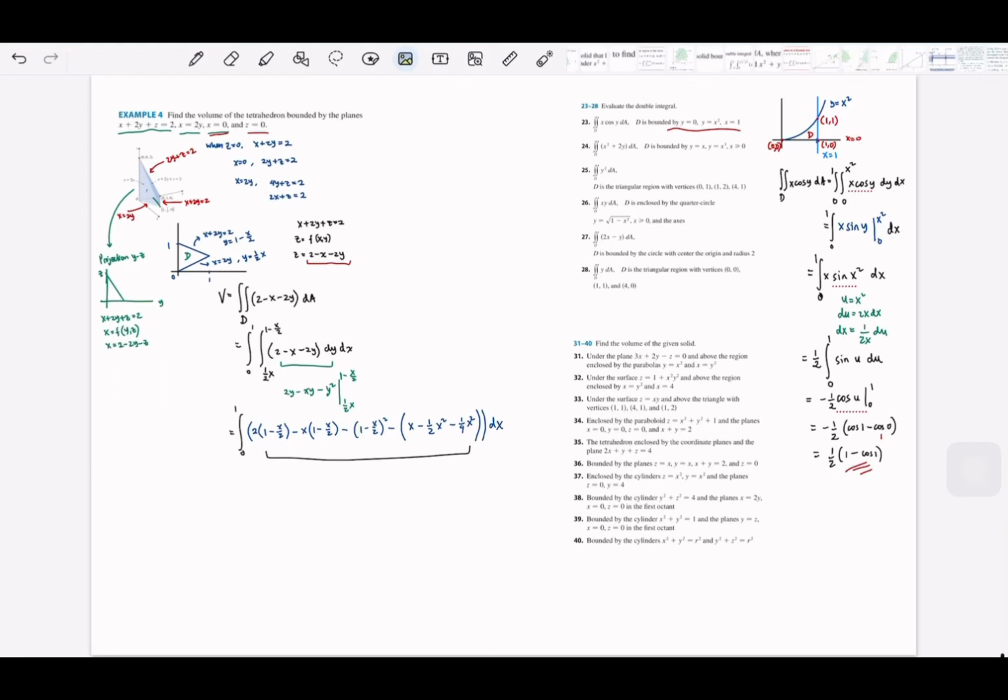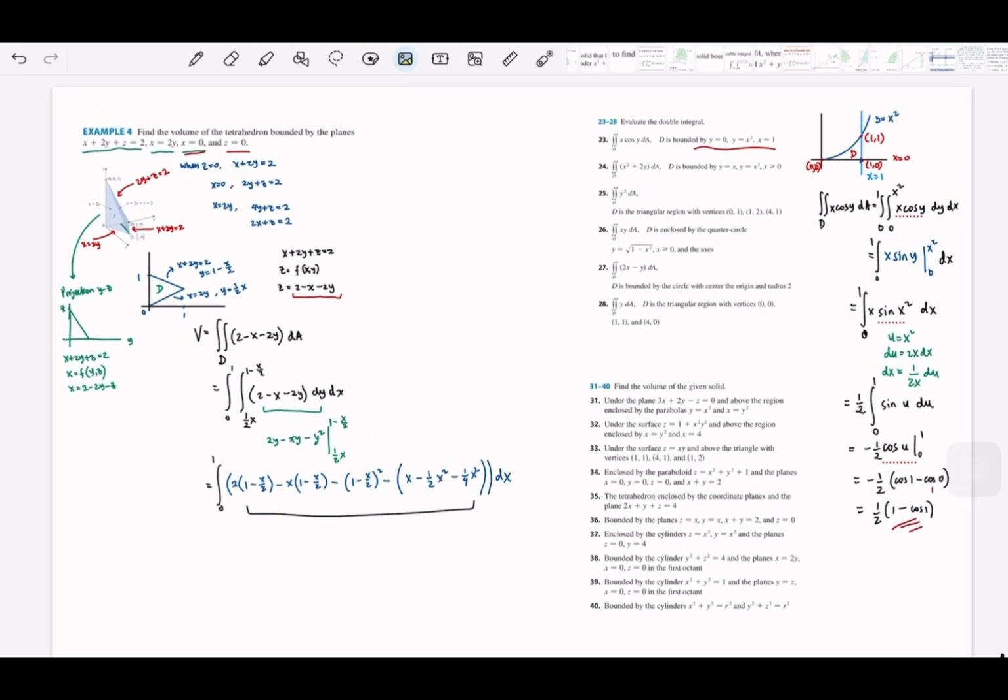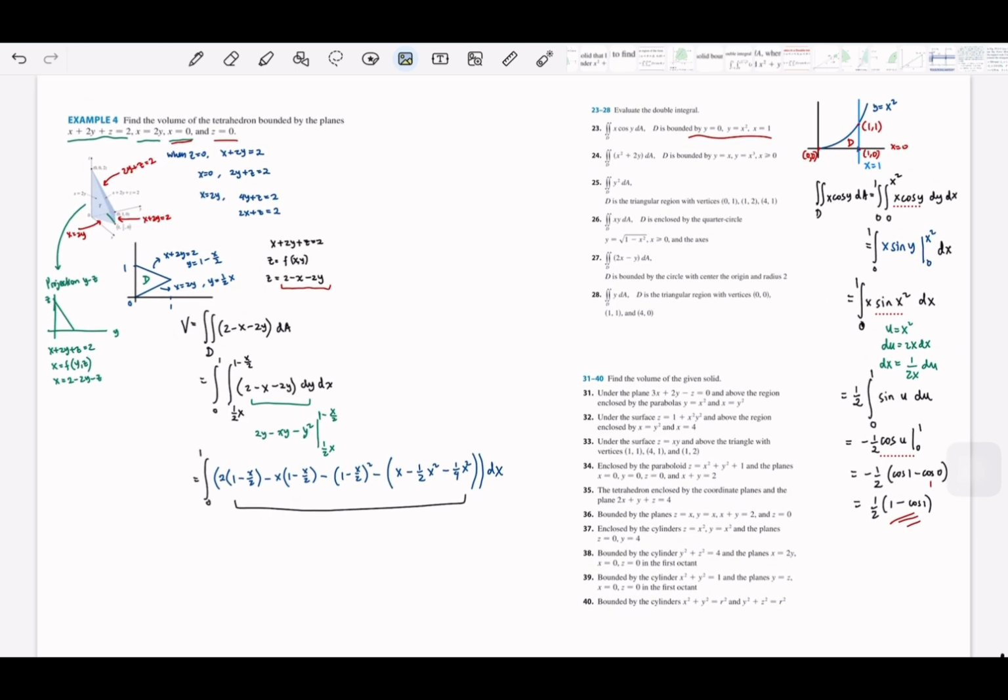So, so far, we have done some of the topics in the multiple integrals.